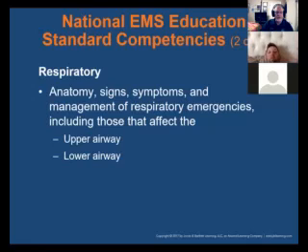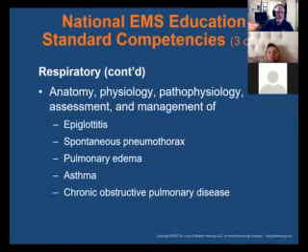Anything above that is upper airway, anything below is lower airway. Anatomy and physiology, I'm going to go through some of this as we go through these slides, because I want to make sure I don't miss any definitions that maybe I need to touch on a little stronger than I do others.